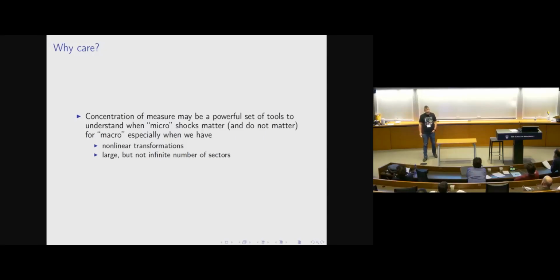So, in particular, what I'm trying to say is that the things like what happened in Ian's work can be thought of as the following context. Under what conditions this concentration inequalities do not hold are going to be exactly the conditions under which micro effects are going to have macro consequences.